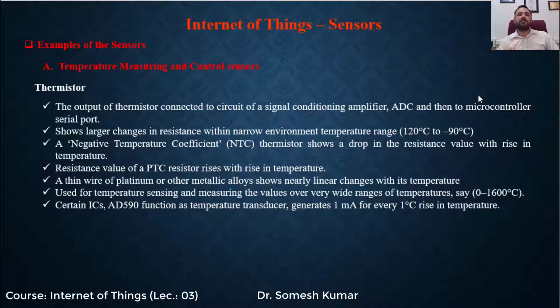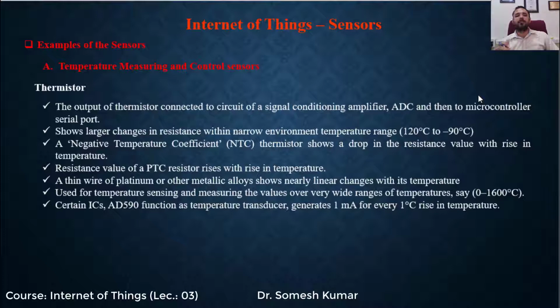Now we will discuss some examples of sensors. The first category of sensors we mention is the temperature measuring and control sensor. The thermistor is one type of sensor in which the output of the thermistor is connected to a signal conditioning amplifier circuit, an ADC, and then the microcontroller serial port.